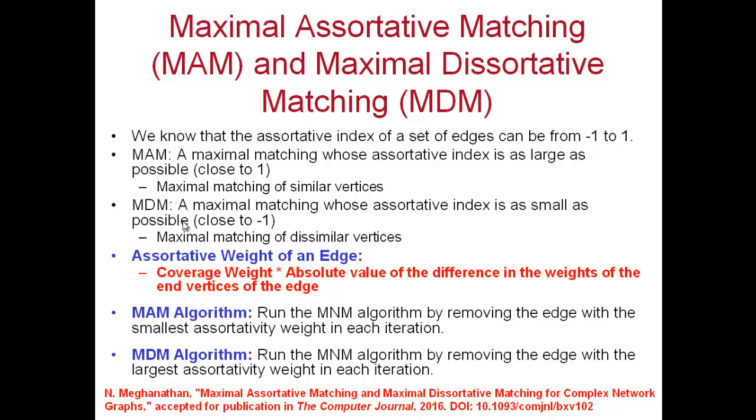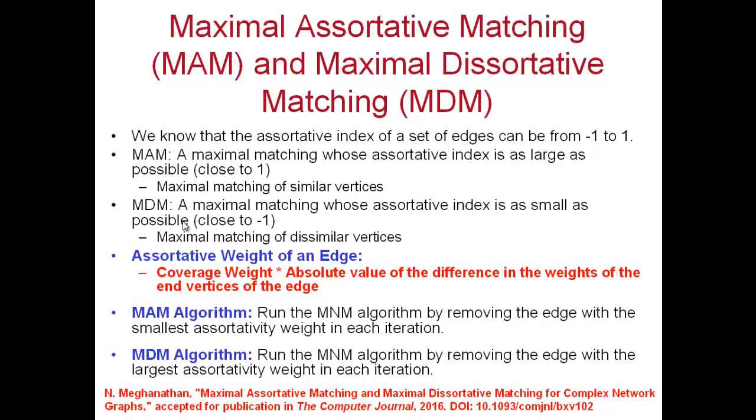So if you want to pick a matching or set of edges such that the end vertices that we pick as part of the matching should have similar weights or should be similar to each other, that's the primary objective. And the secondary objective is to maximize the number of edges we pick in such a set of edges. That's called a maximal assortative matching.